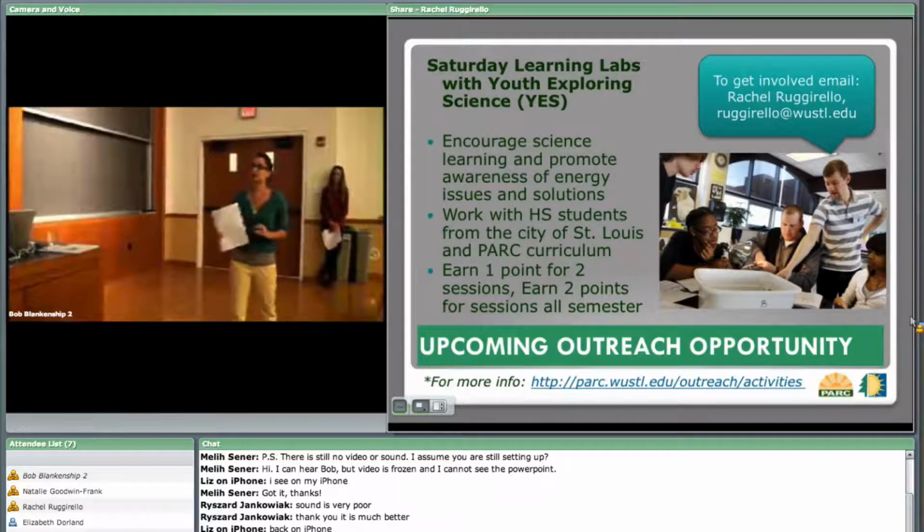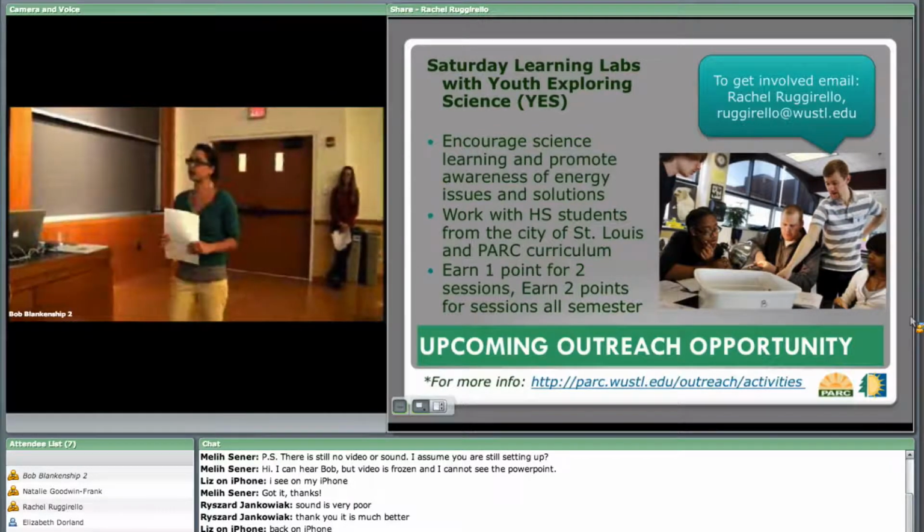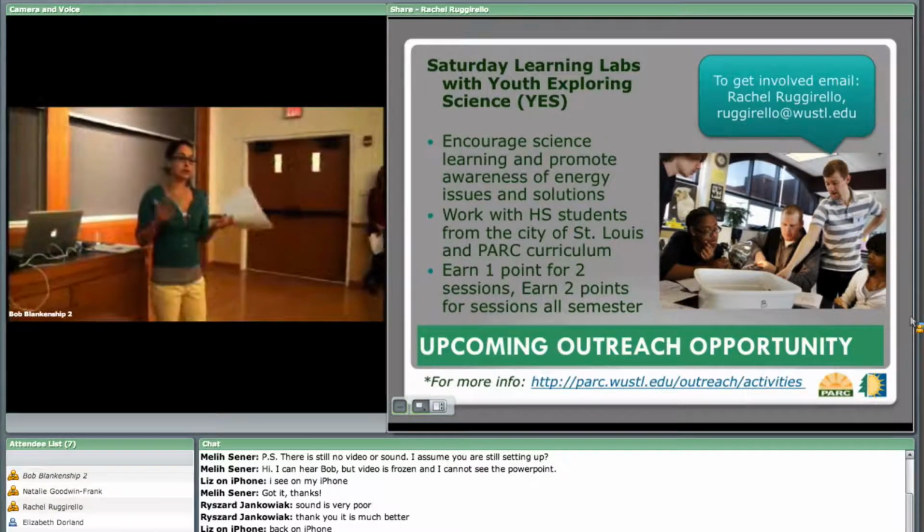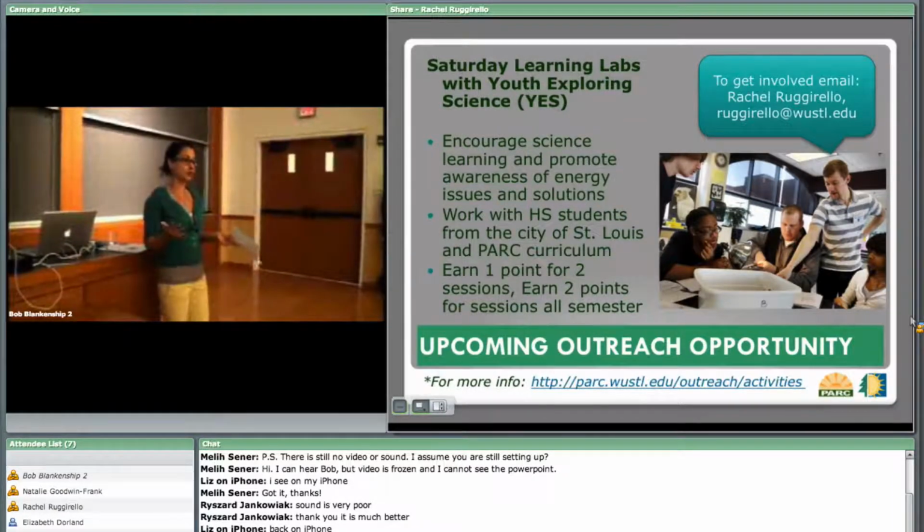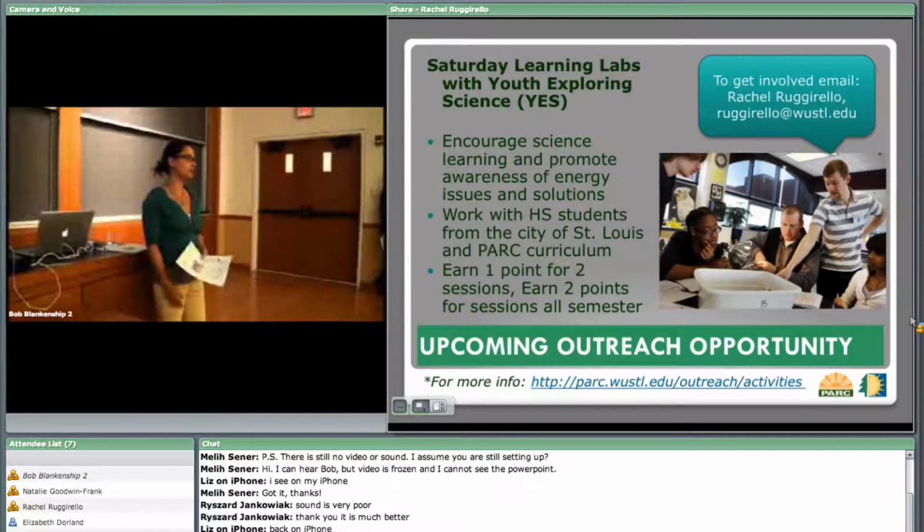And so we're looking for volunteers who would like to attend these sessions, work with students, provide information about your college experience, your research experience, your coursework, whatever it is that the students need, and also just support them in their projects.